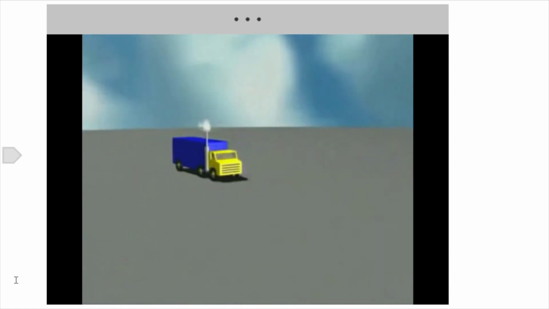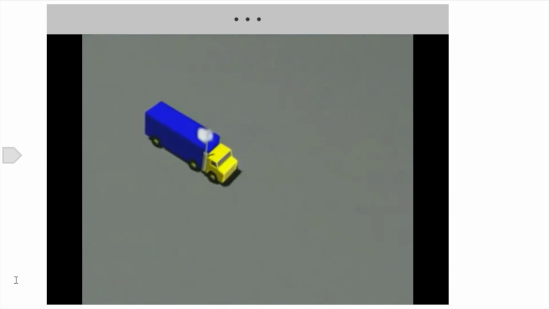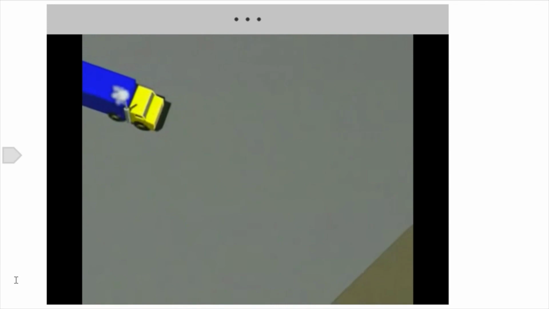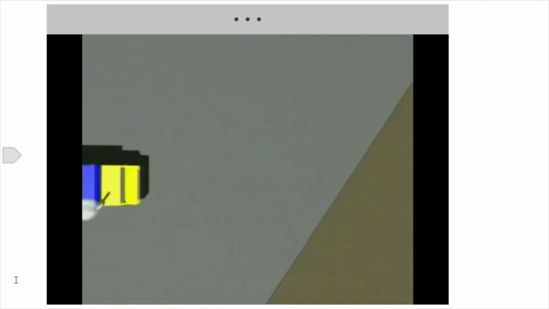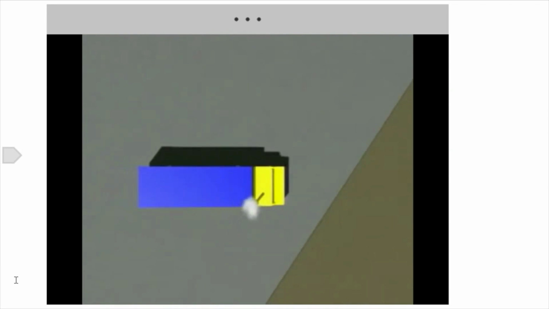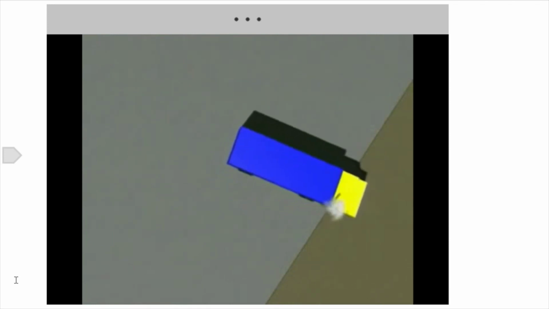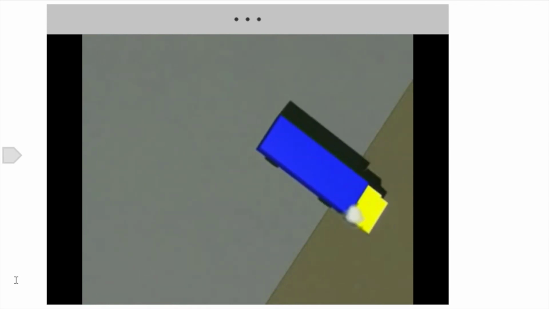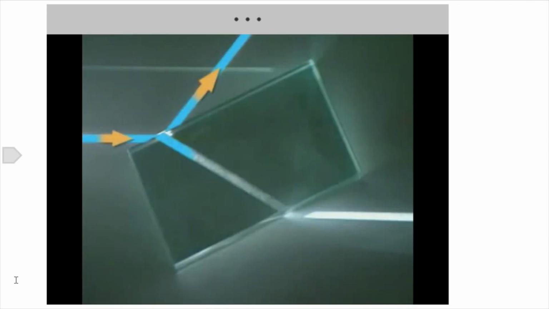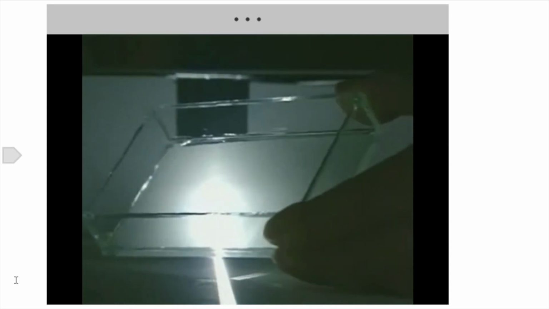To understand how speed can cause a change of direction, imagine a truck approaching marshy ground. If the marsh is at an angle, the right wheel slows first. The left carries on at speed for longer, swinging the truck round. So when light hits a glass block, it changes direction because it changes speed. Place a glass trough in the beam, and you can see how water also affects the path of light.